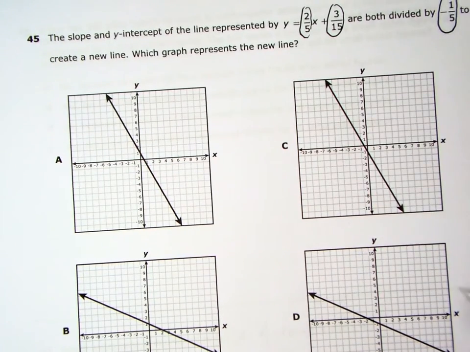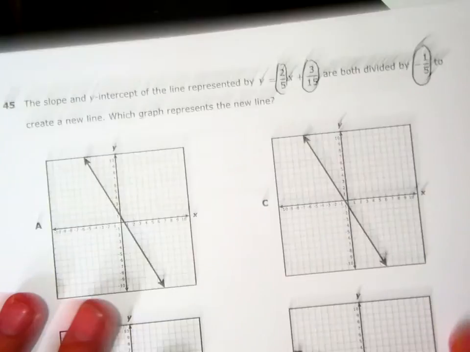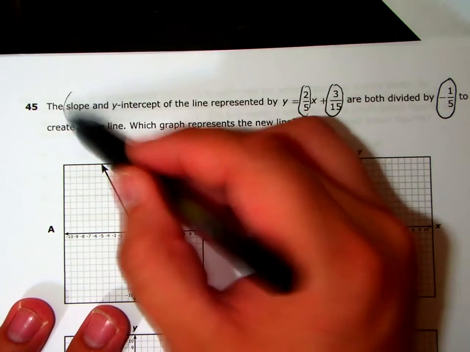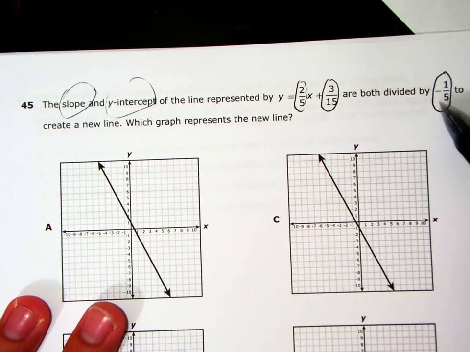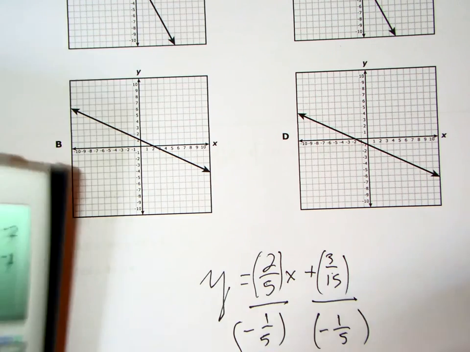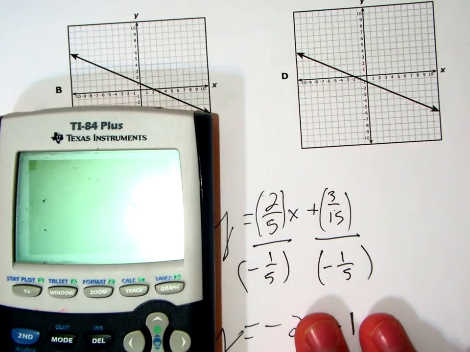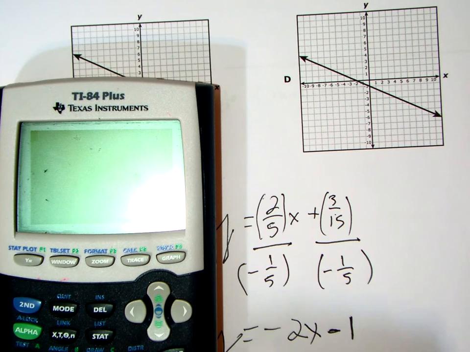So 45, okay, which is the one I stopped at before the computer messed up, was this one. It says divide the slope and y-intercept by a negative 1/5, right? So let's do that in the calculator. 2 divided by 5, right? Divided by what? Negative 1/5.